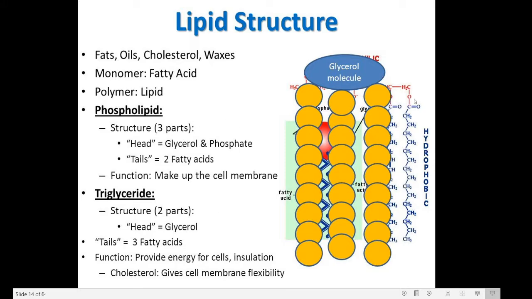Phospholipids have 3 parts: 2 parts are glycerol and phosphate. Glycerol is 1 part, phosphate is 1 part. Those 2 parts are present in the head. The tail has fatty acid, that is the 3rd part. In triglyceride, there are 2 parts alone, head and tail. In the head there is glycerol alone, the tail has fatty acid alone. Fatty acid is a part, 2 fatty acids are present over there.